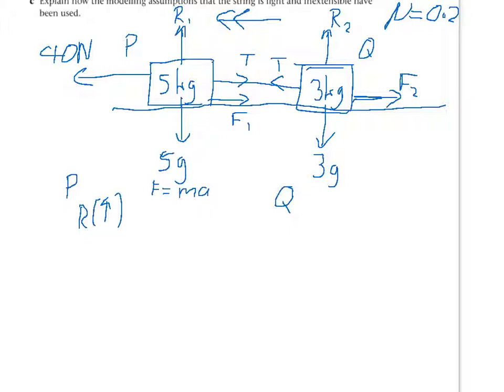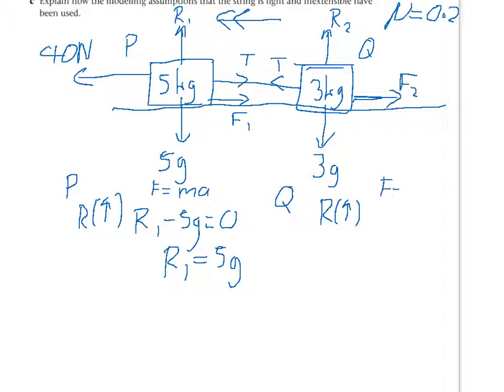We've got the force, which is our normal reaction R1, minus the weight 5g equals 0, because there's no acceleration upwards and downwards, which means R1 is equal to 5g. And if we do the same for Q, remember, using F equals ma, we've got R2 minus 3g is equal to 0, which means R2 is equal to 3g.